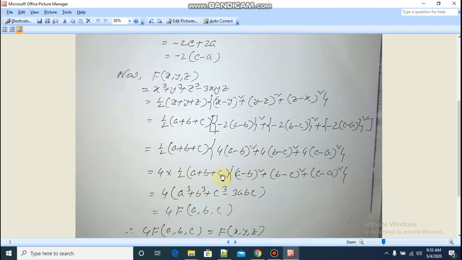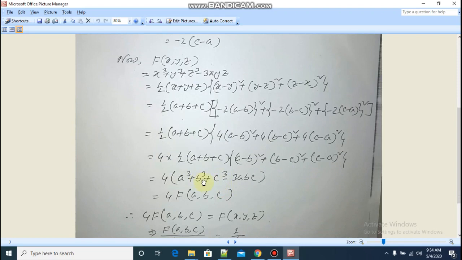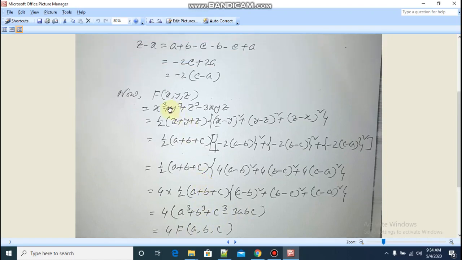Half of a plus b plus c into a minus b whole square plus b minus c whole square plus c minus a whole square. The formula of this, without the 4, is a cube plus b cube plus c cube minus 3abc equal f of abc. From the question we get x cube plus y cube plus z cube minus 3xyz equal f of xyz.